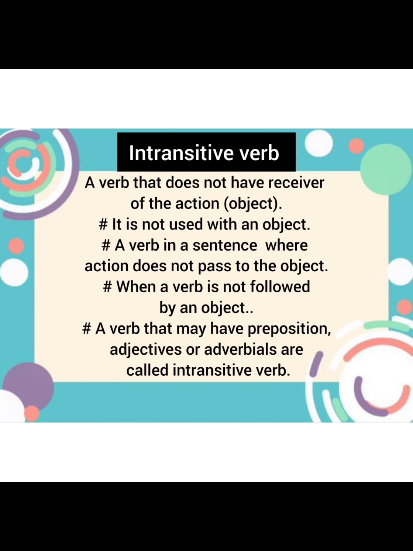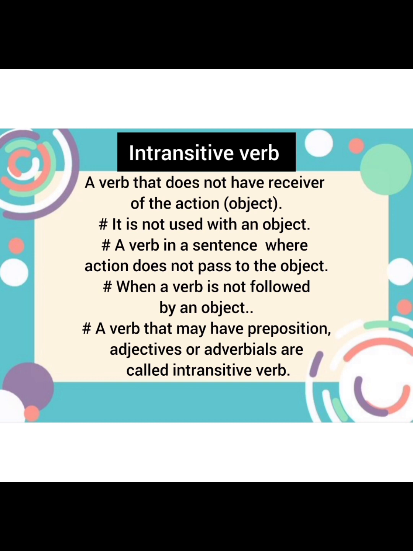Same explanation. A verb in a sentence where action does not pass to the object. It is totally opposite of transitive verb. Or when a verb is not followed by an object. A verb that may have a preposition, adjectives or adverbials is called an intransitive verb.